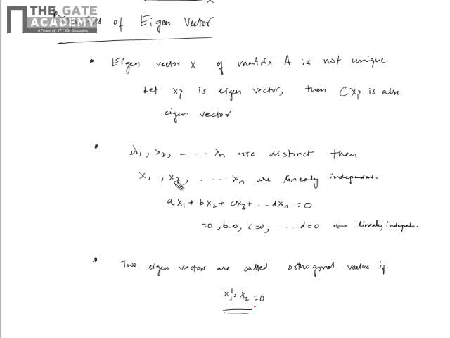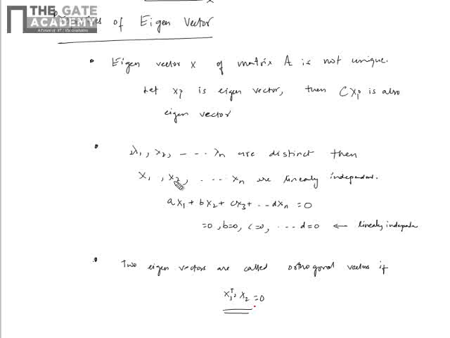From the GATE point of view, it's important to remember what an eigenvalue and an eigenvector are, because if you look at the previous GATE questions, which we will solve in this session, given a matrix you should be able to find its eigenvalues and eigenvectors, and given a vector you should be able to test whether it is an eigenvector of the matrix or not.